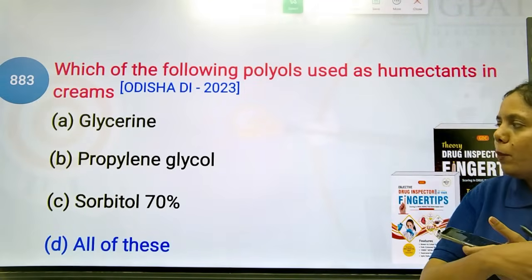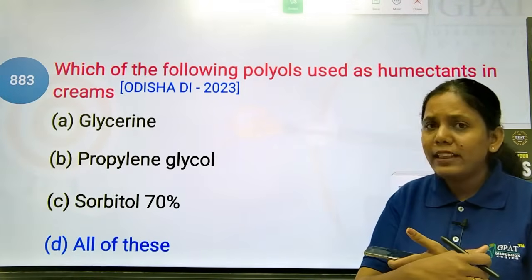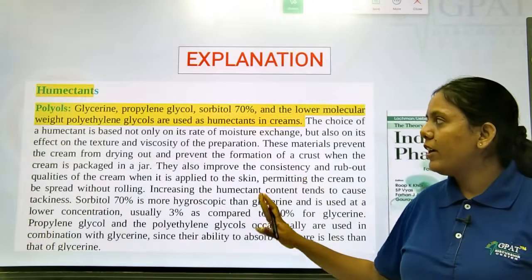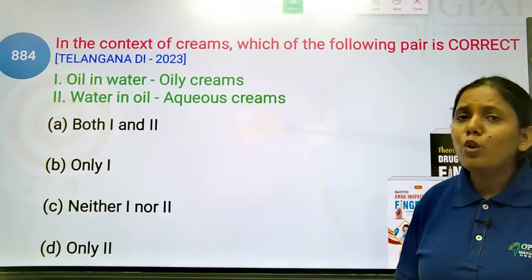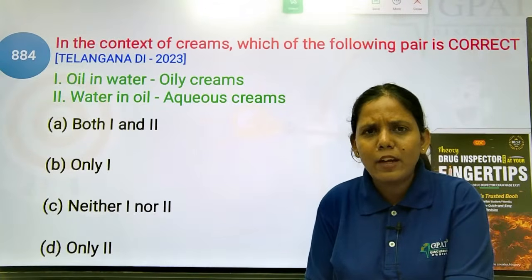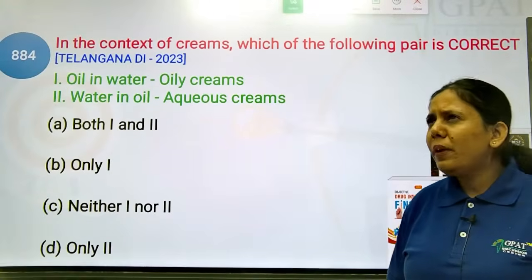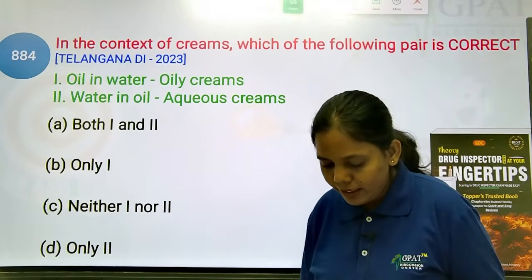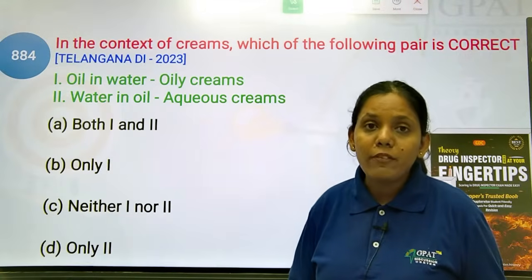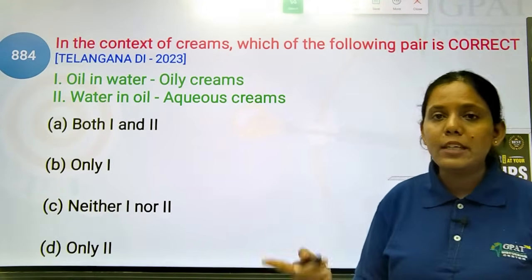Sorbitol is there, propylene glycol is there, glycerine is there. Even polyethylene glycol is also there. If they are there in the options, all of these are right answers. So they retain the moisture and prevent drying out. Even in toothpaste, wherever you see, they add a humectant. Humectant is also added in syrup to prevent the cap locking phenomenon. So to prevent that also we add polyols. Okay, remember this in syrup.